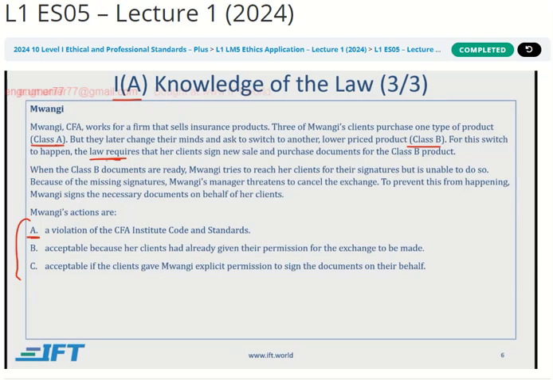The key point in the case is that the law requires her clients sign new sale and purchase documents. This means that if Mwangi signs on behalf of the clients, whether the clients explicitly allow it or not, this is still a violation of the law. And since it is a violation of the law, therefore it is a violation of Standard 1A, knowledge of the law. The best answer, therefore, is A.